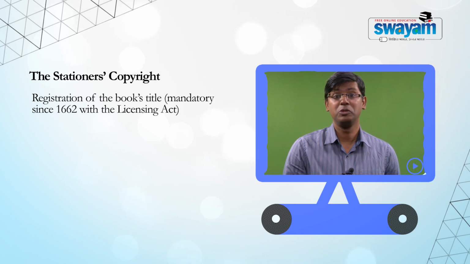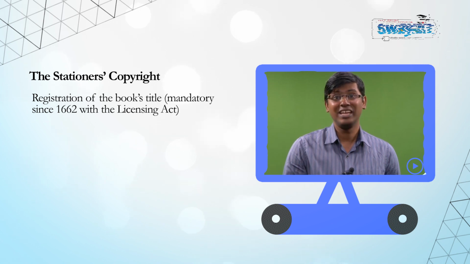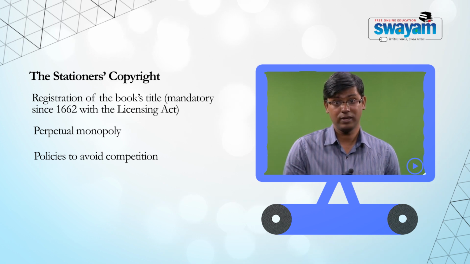From 1662 onwards, they had passed a licensing act which required anyone who wanted to publish a book to get a license before it gets printed and distributed. This ensured that there was a perpetual monopoly. There were policies to avoid competition.